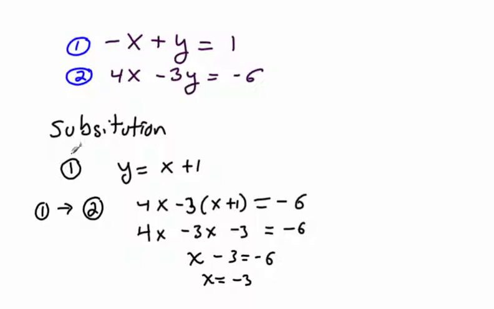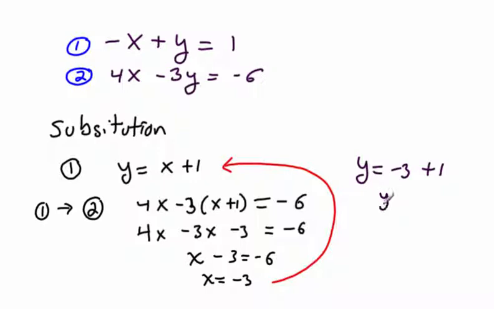We then take this value that we've found and bring it back to our original equation, substitute into equation 1 and solve for y. When we do that, we'll end up with y is equal to negative 3 plus 1, or rather y is equal to negative 2.